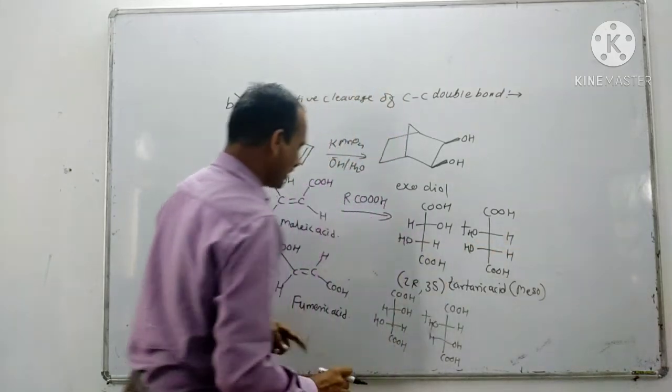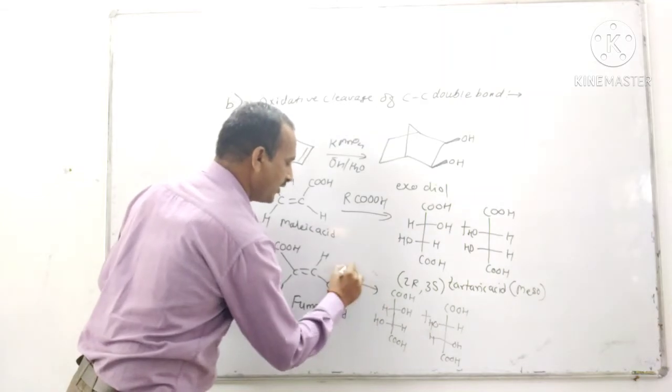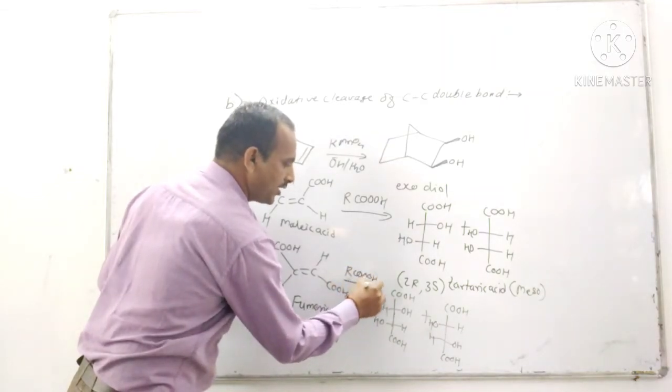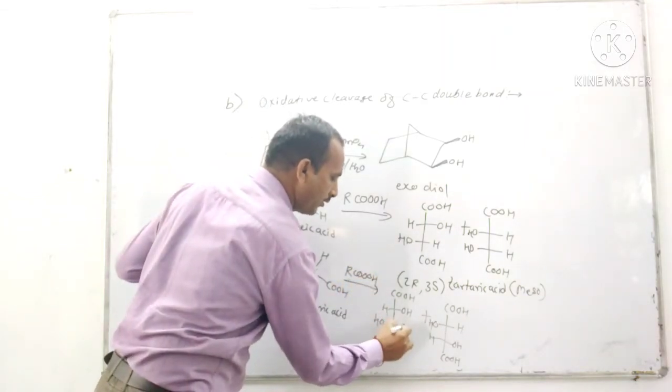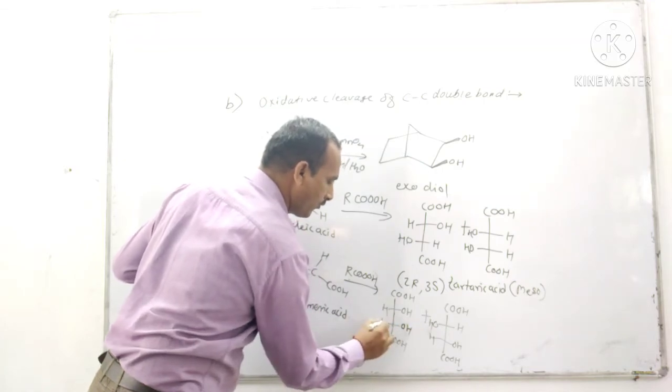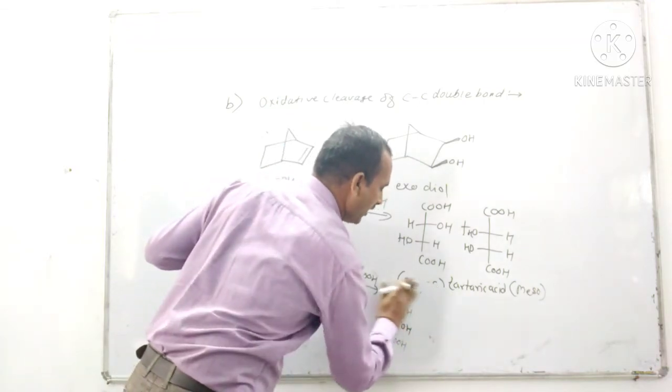These enantiomeric pairs, and for the fumaric acid by using RCOOH, it gives only the mesotartaric acid.